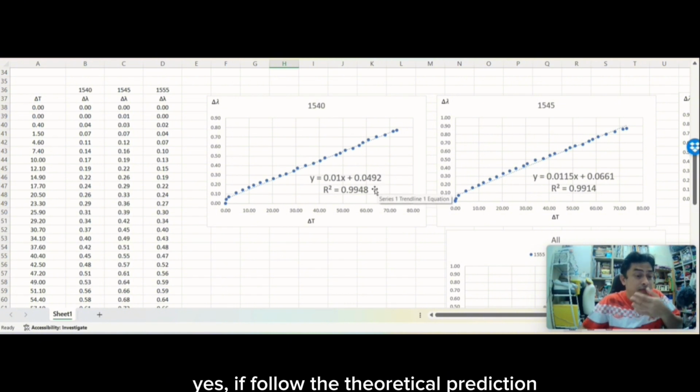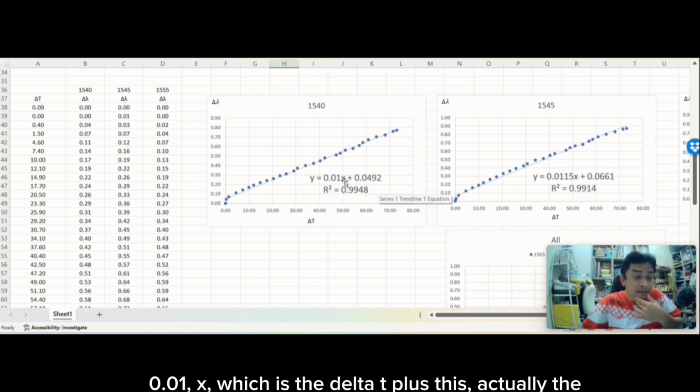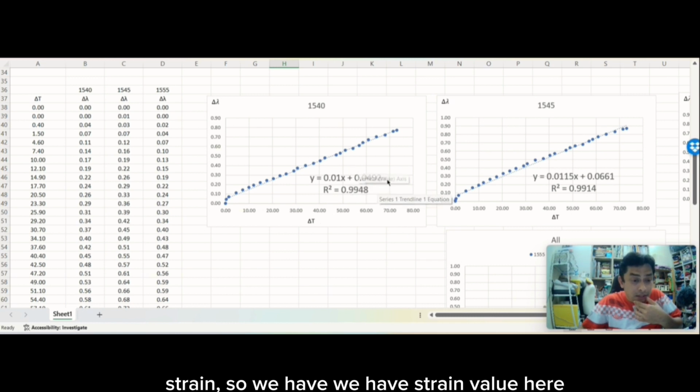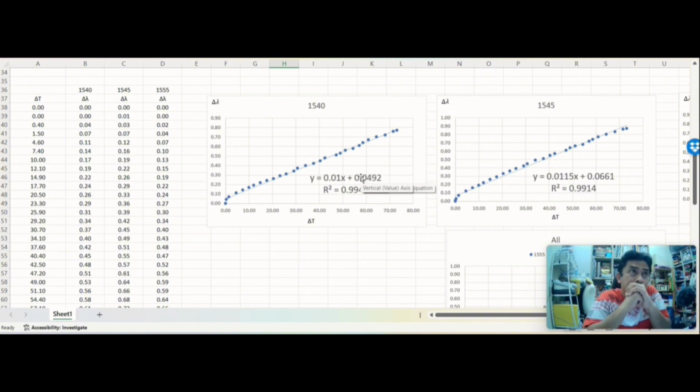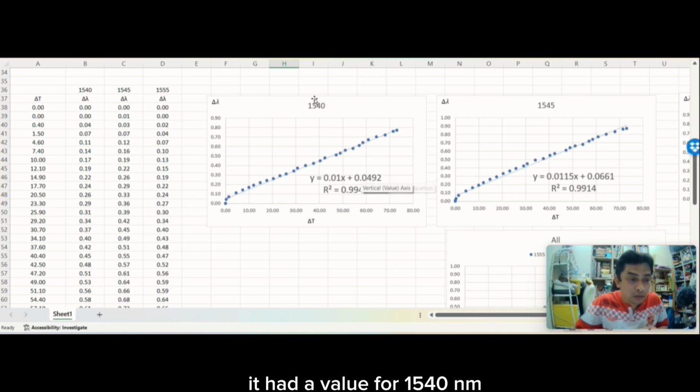Yes, it actually follows the theoretical prediction: y equals the gradient 0.01 x, which is the delta T, plus the strain part. So we have a strain value here, although we claim it's fixed. Yes, it's fixed, but it has a value. For 1540 and 1545, it has the same.